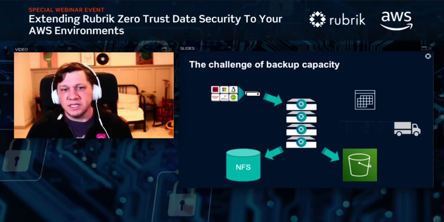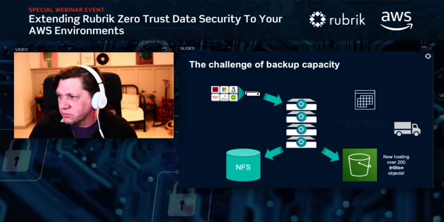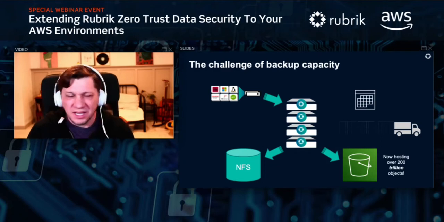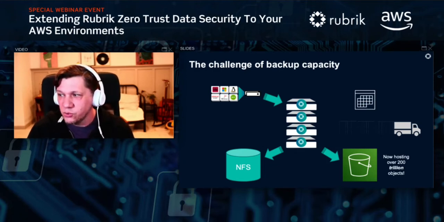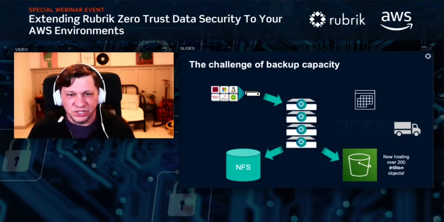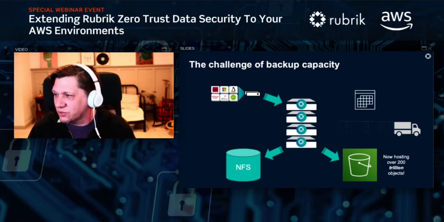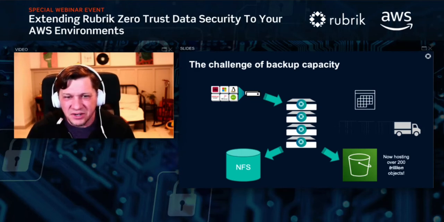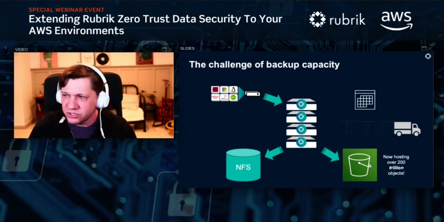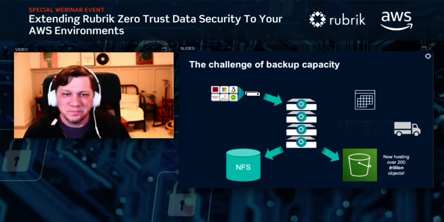It's very easy to set up. And this proves itself, as Peter's told us that S3 is now hosting over 200 trillion objects, which is an insane amount of data. I don't even know how many zeros that is, but it's enough where we just write the word trillion rather than try and put all the zeros on the screen.